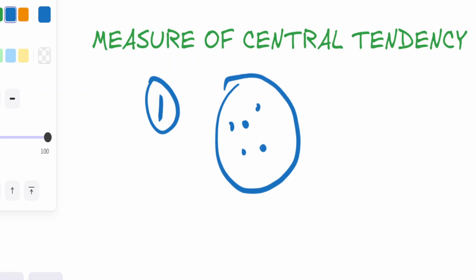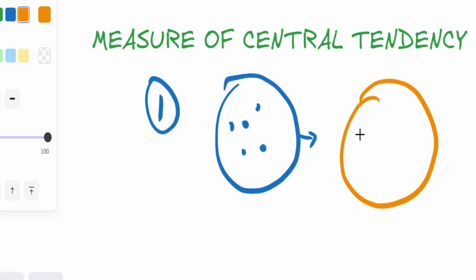You went to a sweet shop and there you find laddus. I think everyone likes laddu, right? So let's take an example of laddu. There was a tray in which a number of laddus were kept.